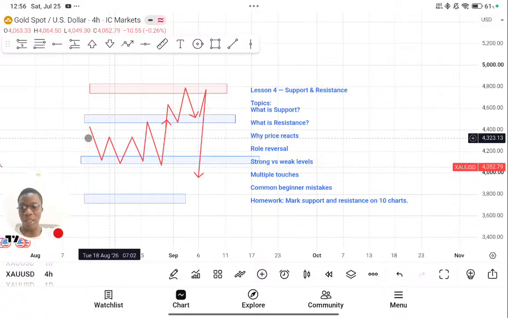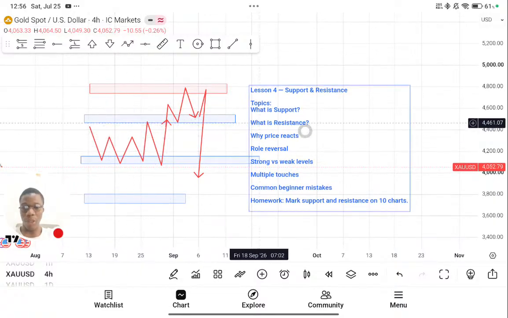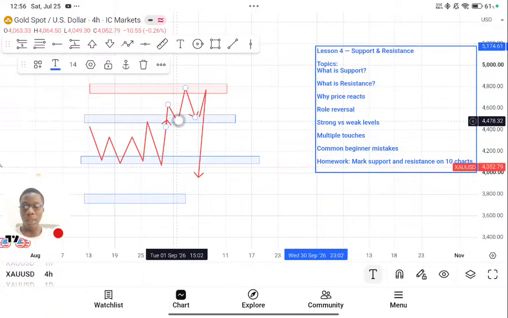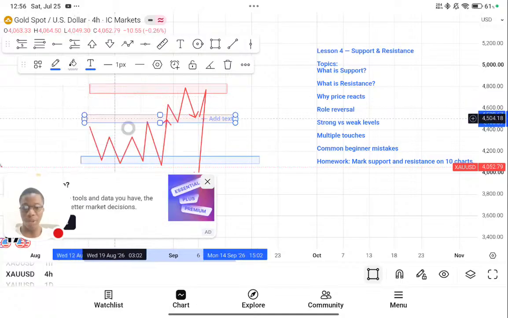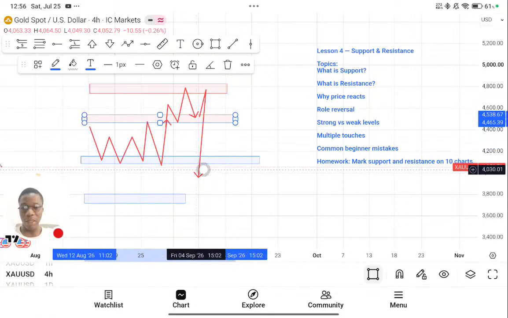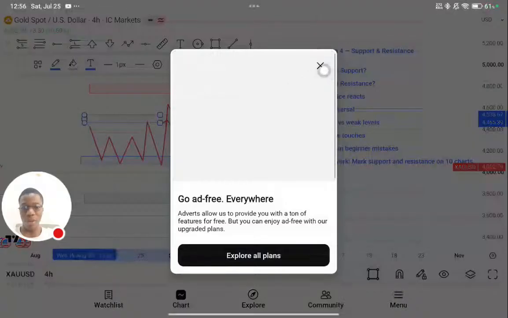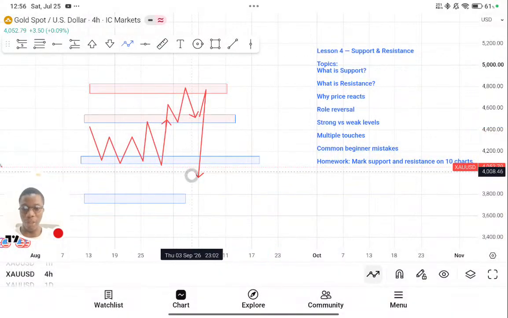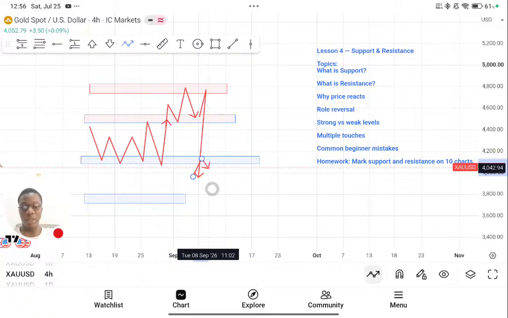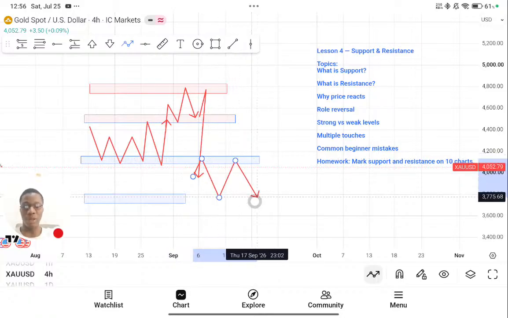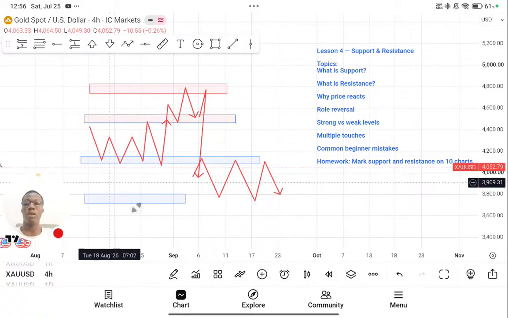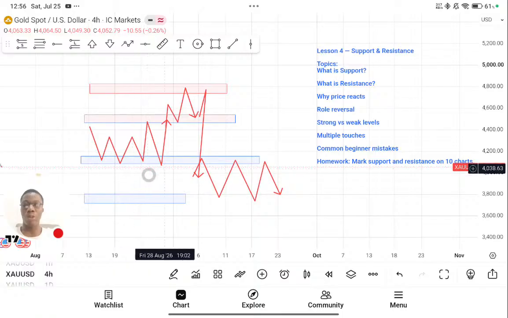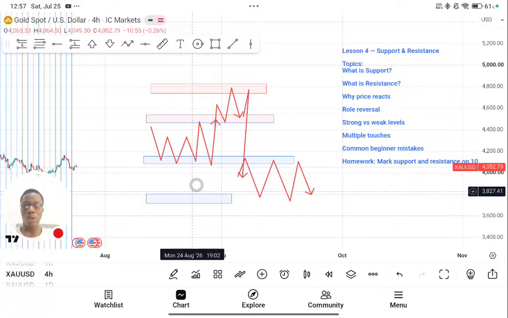That resistance that became a support can now turn to a resistance, and this guy that was a support, with price riding below it, can now be retested. So do you understand? So this is what support and resistance is. Just know that resistance can become support and support can become resistance. So let's head straight to the charts.